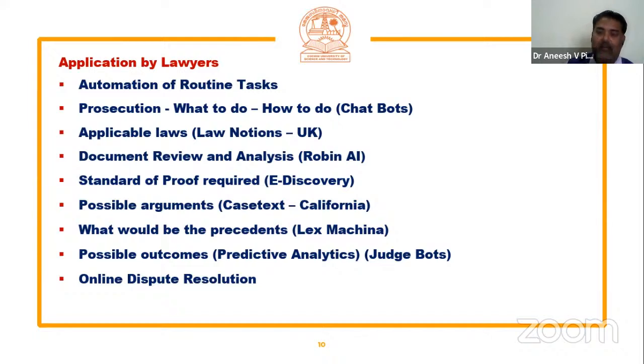As I said regarding the general public, when they are filing a case or when a prosecutor approaches the court, beforehand the prosecutor can get an idea what all things have to be done in this particular case, which sections can be made applicable, what the applicable laws are, what documents have to be produced, what standard of proof is required, what possible arguments there are, and what would be the applicable precedents in that case.